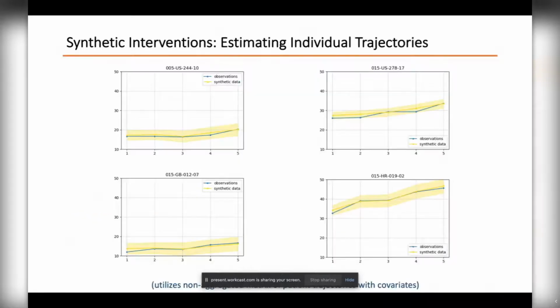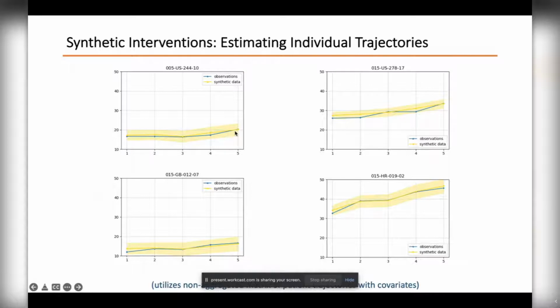Going to the individual level, and this is what I find really remarkable, what we're doing here is that for a patient, we're going to completely withhold her or his post-intervention data. That post-intervention data is this blue trajectory.